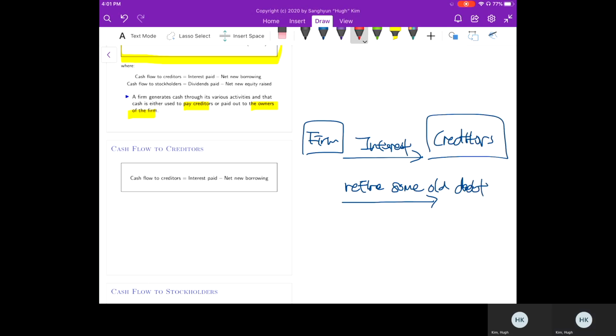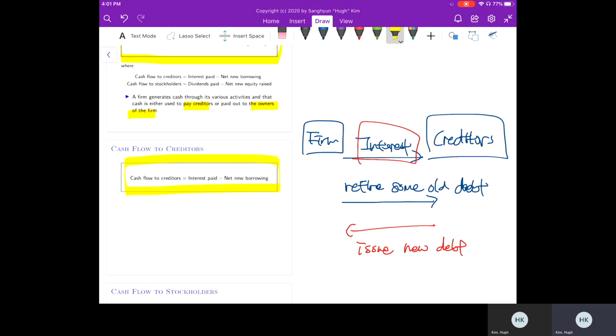But the firm may also issue new debt, so borrow some money. So cash flow to creditors is interest paid minus net new borrowing.